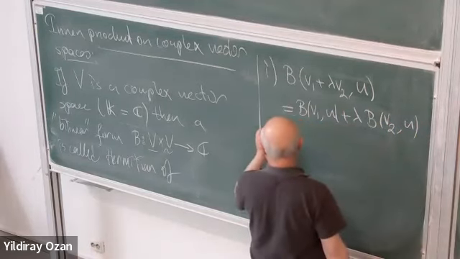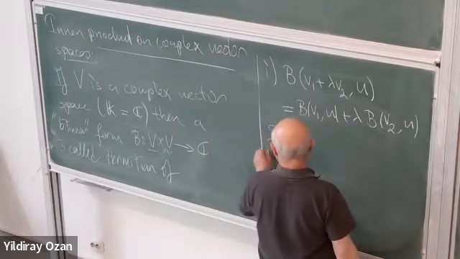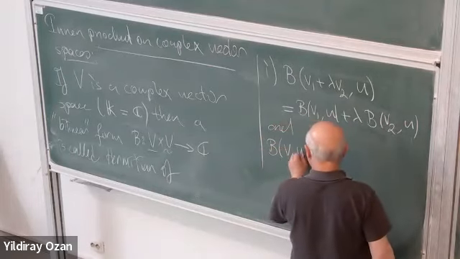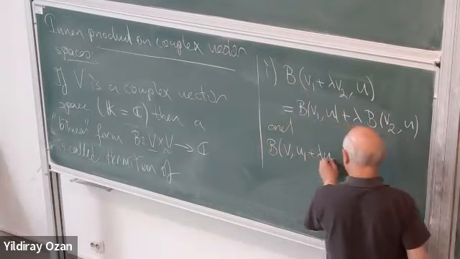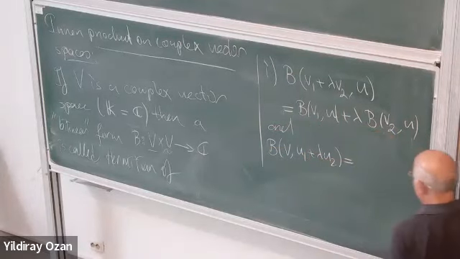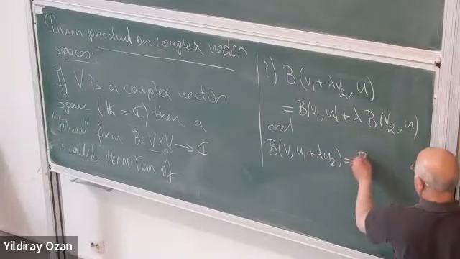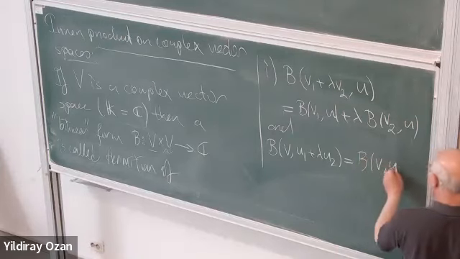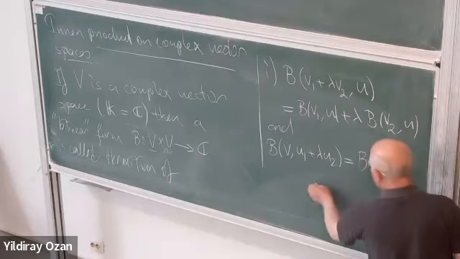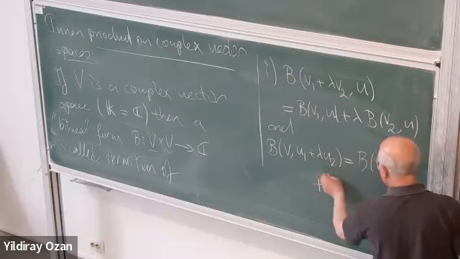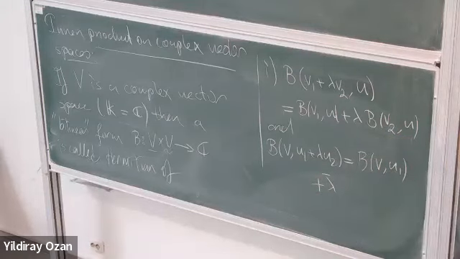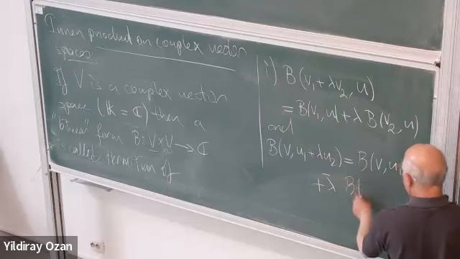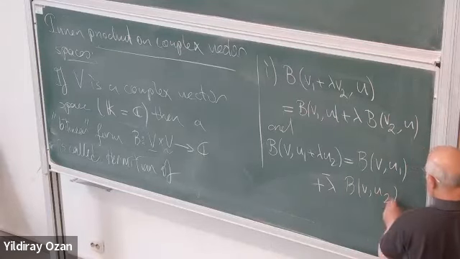But (v, u1 plus lambda u2) is like this: it is (v, u1) plus the conjugate of this complex number times (v, u2).